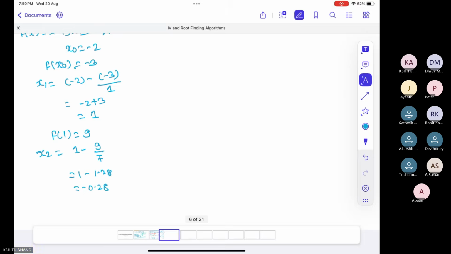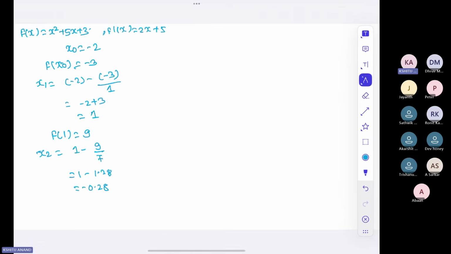And then you will be calculating what is f of minus 0.28, and then you will be seeing whether it is closer to 0 or not, and so on. Do I need to show it further? Because I think it's quite simple.